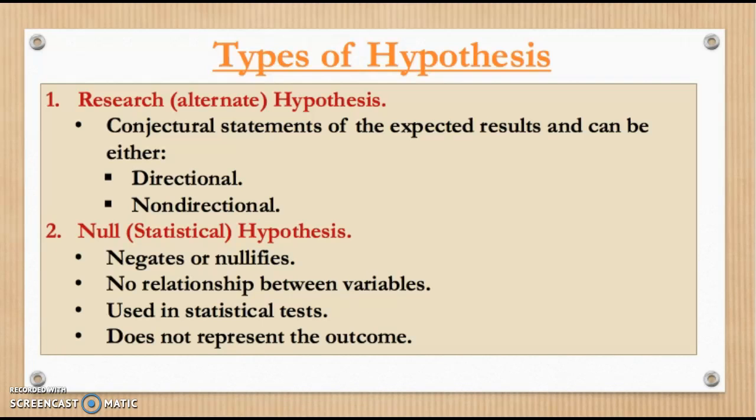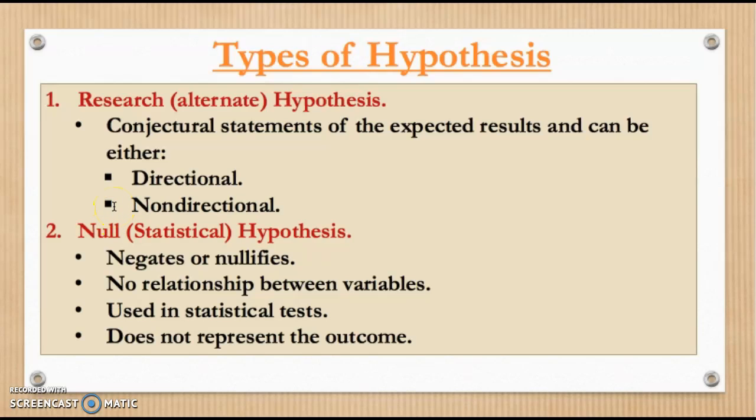Types of hypotheses. First, a research or alternative hypothesis is a conjectural statement of the expected results and can be either directional or non-directional.